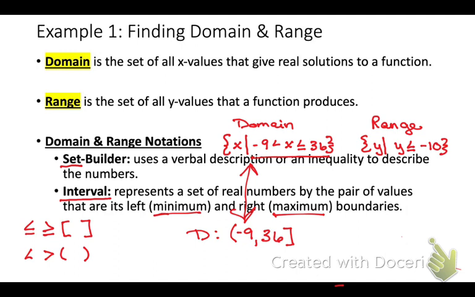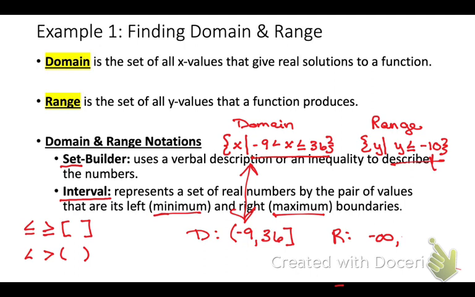So let's do the range. So what's the smallest range? It says everything is less than or equal to -10, right? So if I'm at -10, that's everything to my left. Where does it stop? Negative infinity. So my minimum is negative infinity. So I have range, negative infinity, and then it comes back to its biggest, which is what?